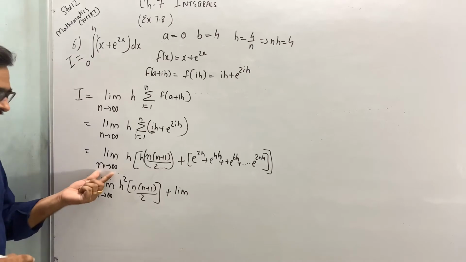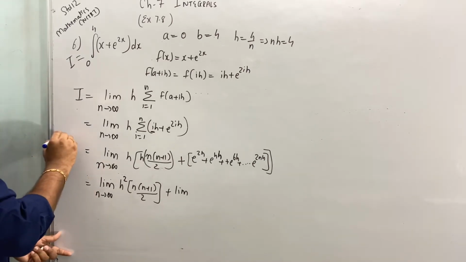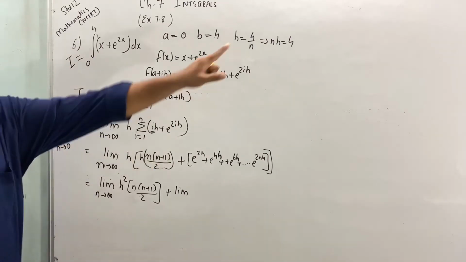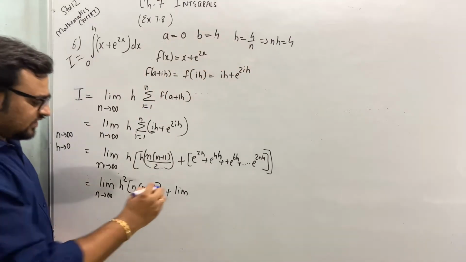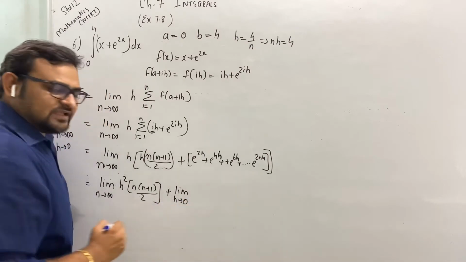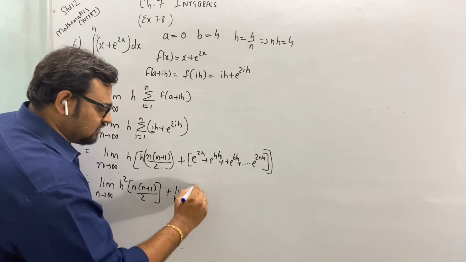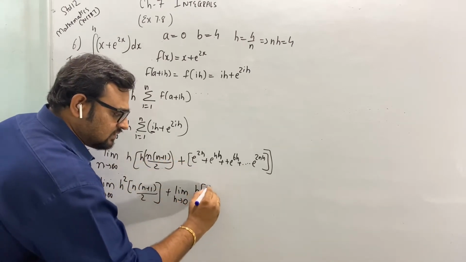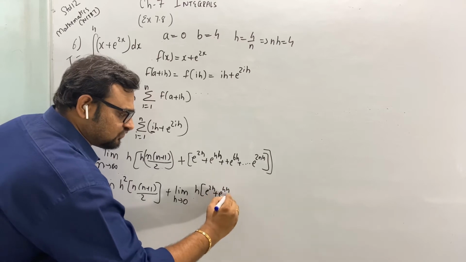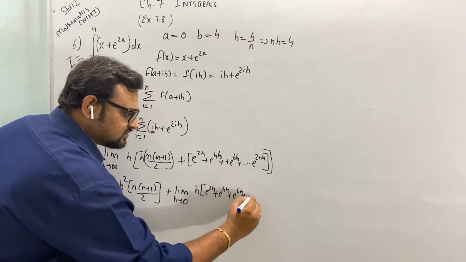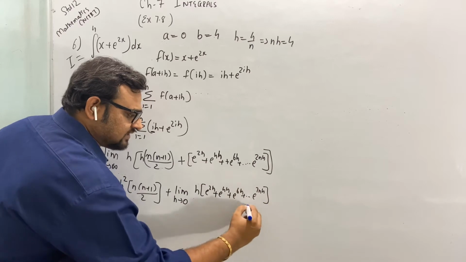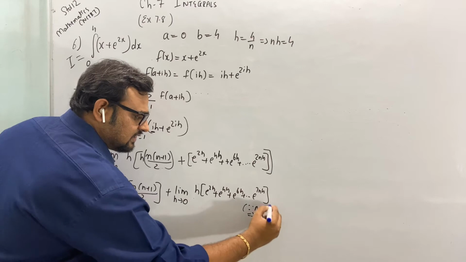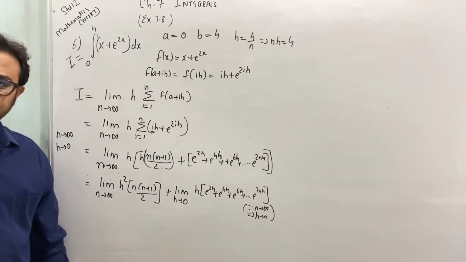Now when n tends to infinity, that means h tends to 0, right? When n is infinity, h is 0. So here I will use h tends to 0. I will multiply this h here also. So h into e raised to 2h, e raised to 4h, e raised to 6h, up to e raised to 2nh, because n tends to infinity implies h tends to 0.